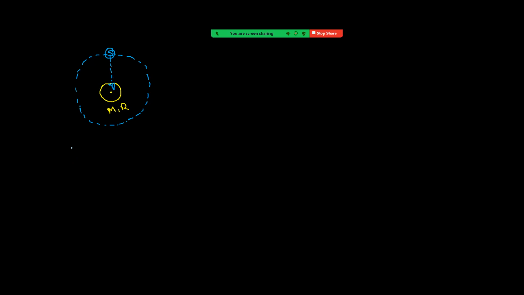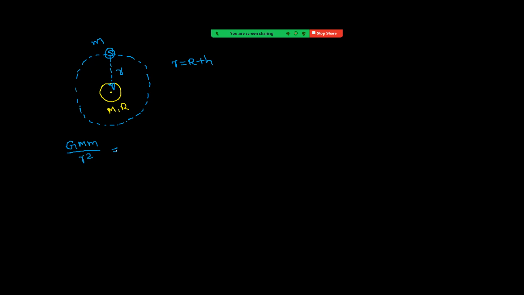So we can write here centripetal force is gravitational force, equal to G m1 m2 by r square. If the mass of the satellite is m, then G M m by r square. Here r means radius of the orbit, which is nothing but the distance of the satellite from the center of the planet, or in terms of height, r equals R plus h.